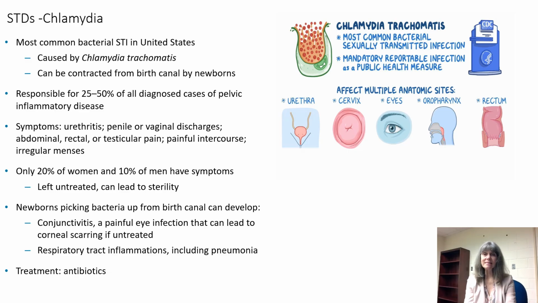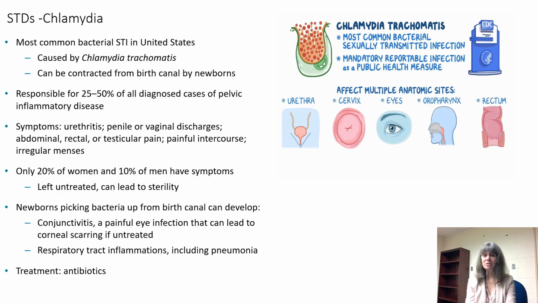Next, we're going to discuss sexually transmitted diseases, beginning with Chlamydia trachomatis, which is the most common bacterial sexually transmitted infection in the United States. This can actually be contracted from the birth canal by newborns and is responsible for anywhere between 25 and 50% of all diagnosed cases of pelvic inflammatory disease.